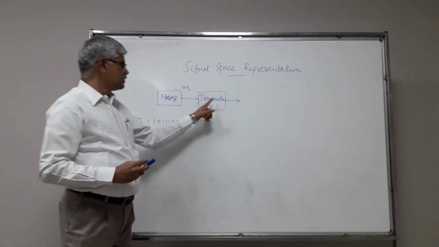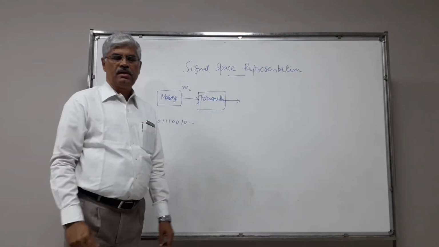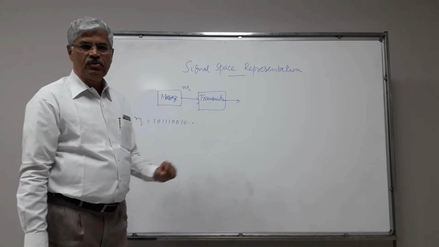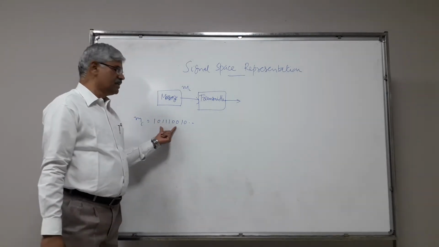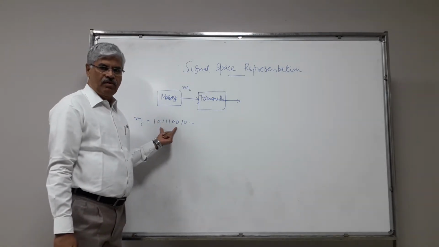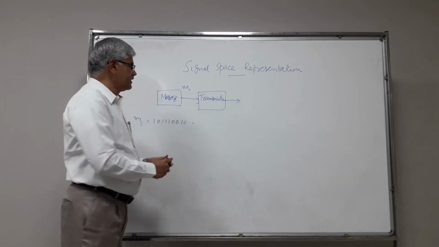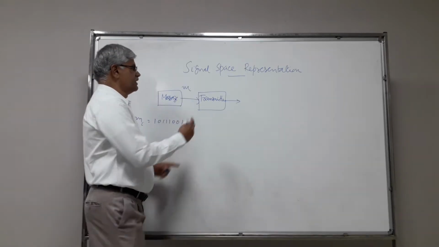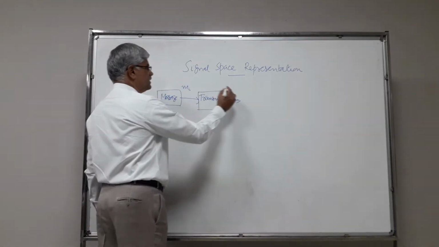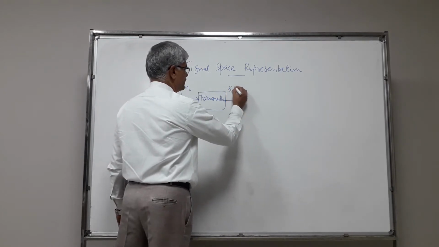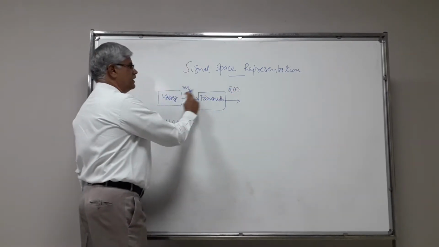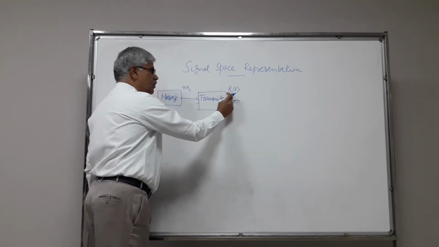But if you have to transmit through a transmission medium, we need to represent these messages in the form of an electrical waveform. Let us say we represent each message, m1 as some si of t, m1 as s1 of t, m2 as s2 of t, and so on.